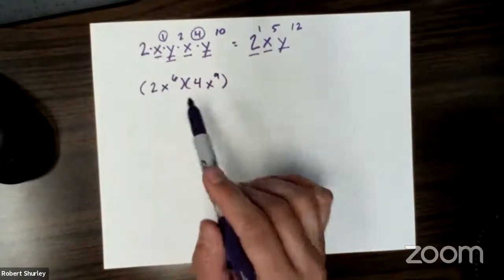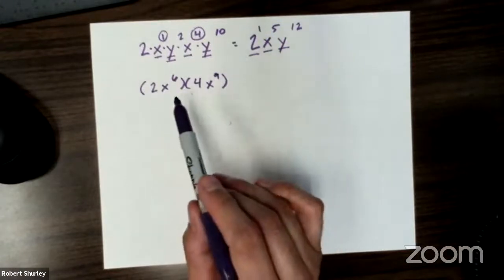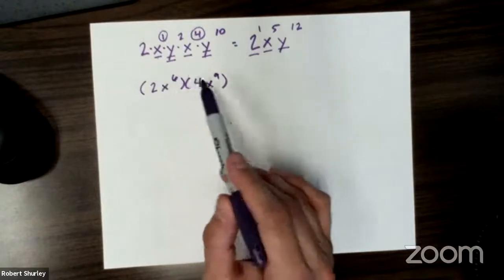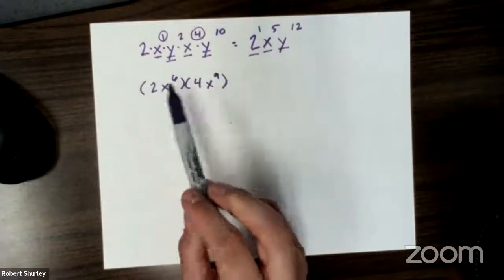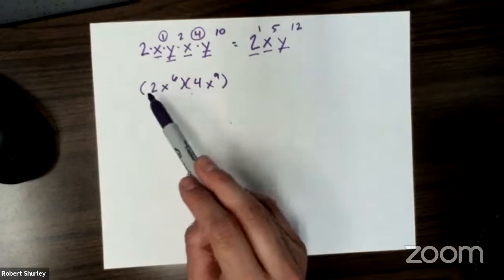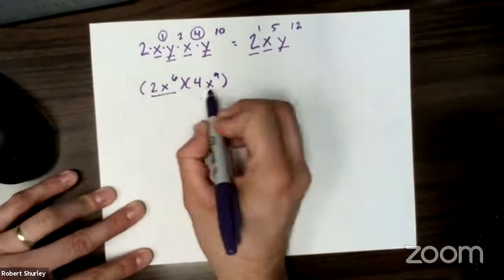Everything in here is being multiplied. It's not distribution, because with distribution you actually have addition or subtraction. This actually means everything's being multiplied. These parentheses just grouped it. But remember, with order of operations, you would do what's inside the grouping first.